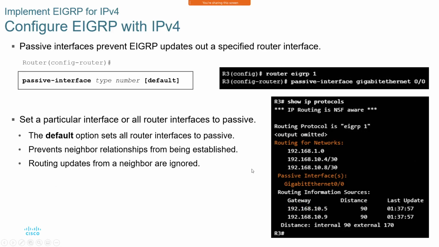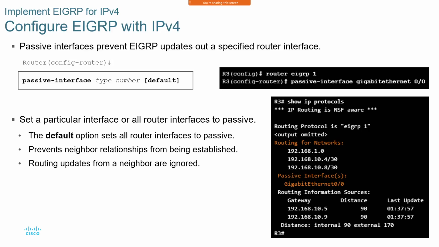Now, when we talk about EIGRP, we also need to talk about the passive interface feature. The passive interface is basically going to tell the EIGRP process that a certain interface should not be participating in EIGRP whatsoever. In other words, do not send any hello message to a specific interface.